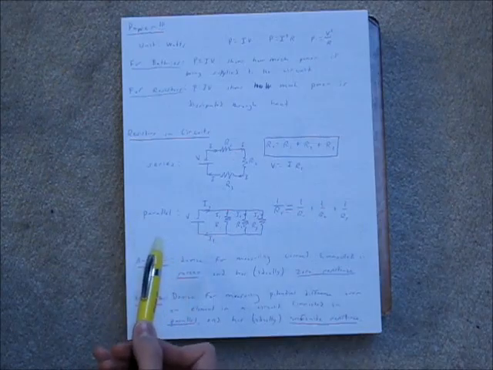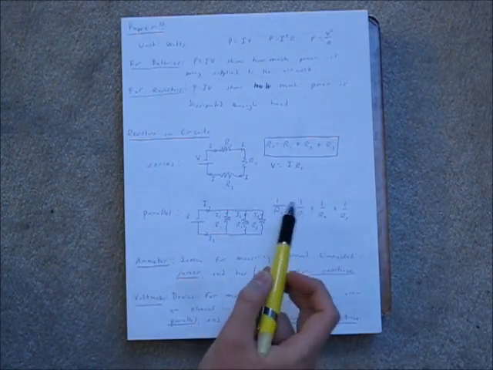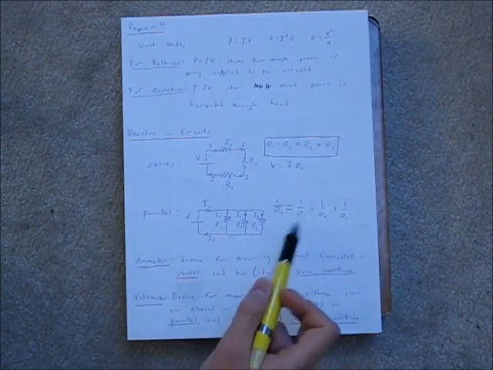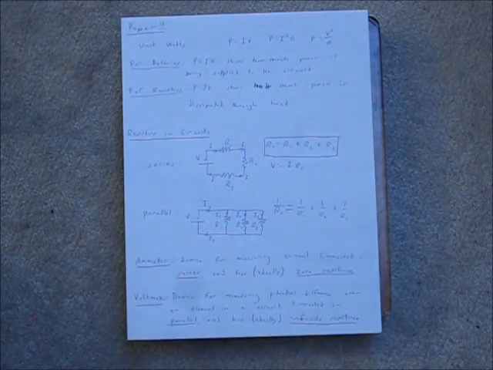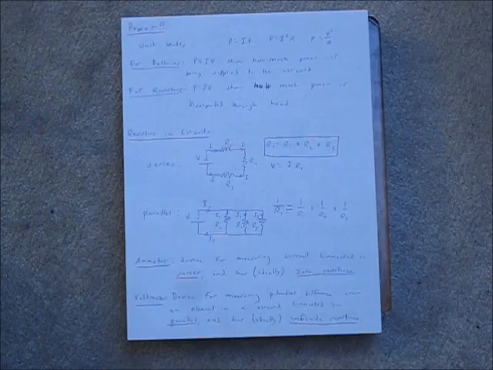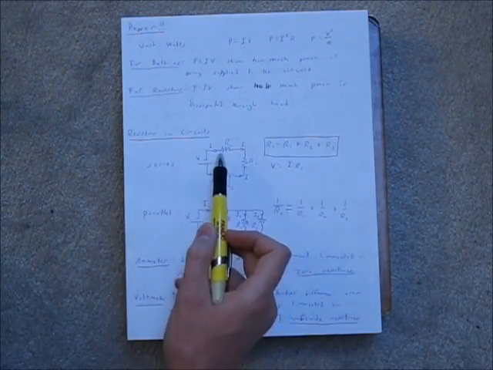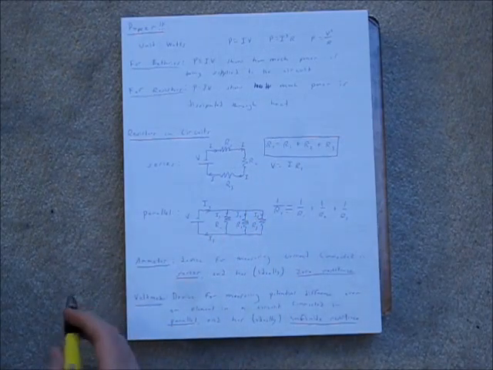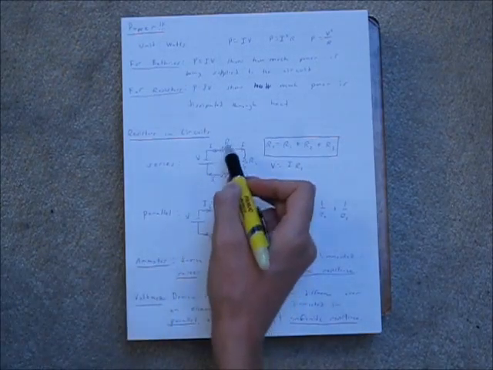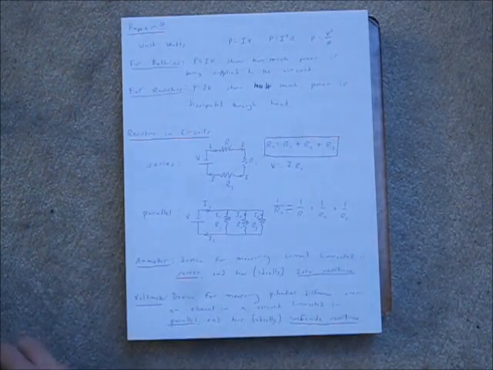So for a parallel circuit, it's a different story. You've got 1 over R total equals 1 over R1 plus the rest of them similarly. It's also important to remember that here voltage would drop proportionally to the ratio of this resistor to the total resistance.